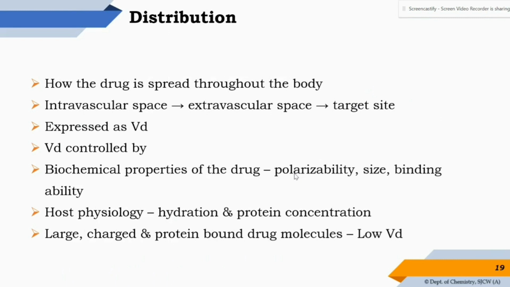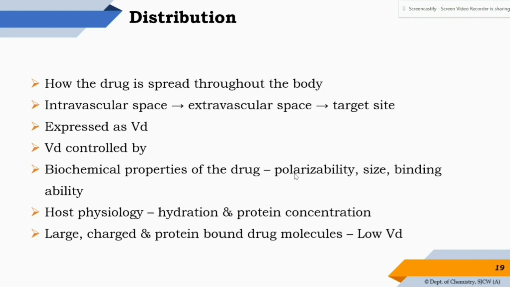Distribution. After the drug has traveled to the liver, it will enter the circulatory system. It is called the systemic circulation. Distribution refers to how the drug is spread throughout the body.